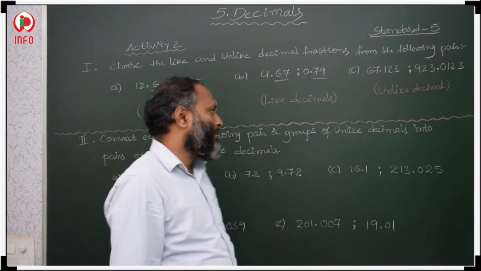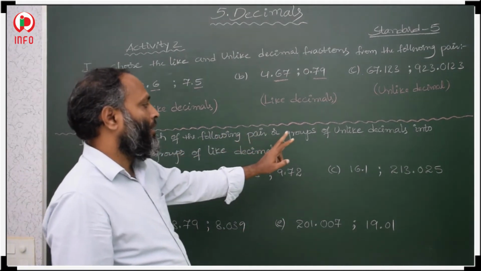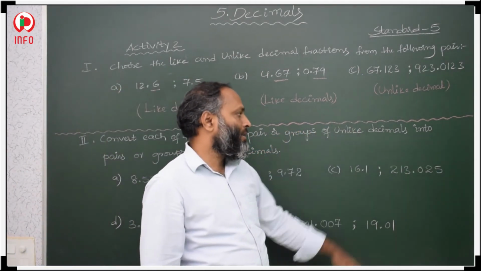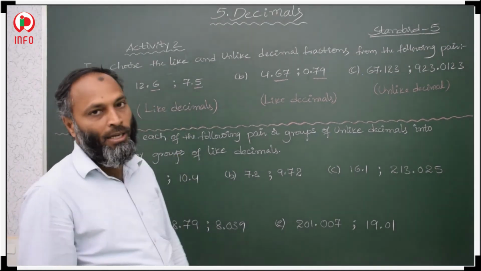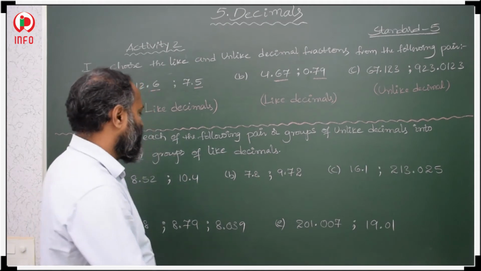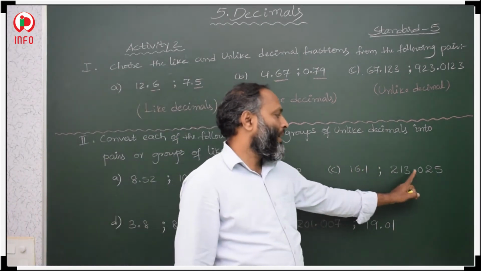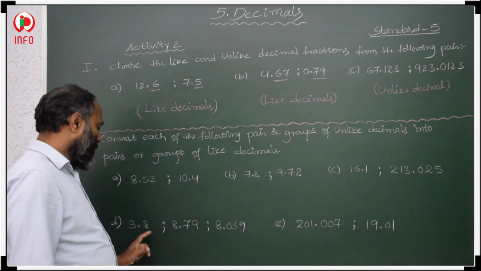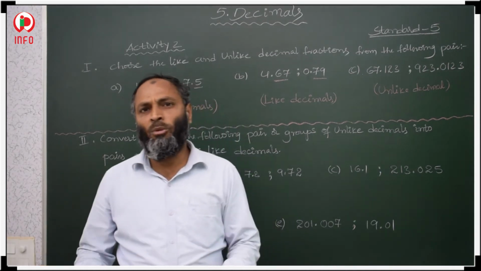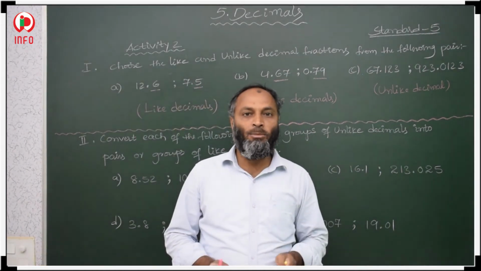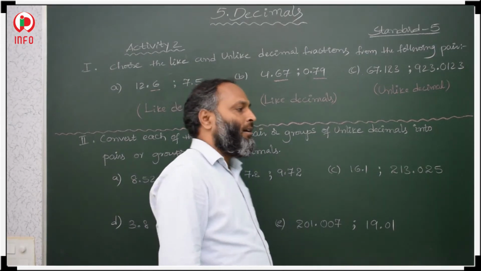Now convert each of the following pairs or groups of unlike decimals into pairs or groups of like decimals. Here a pair is given, here a pair is given, here a group is given: 1, 2, 3. Here 1, 2 pair is given. Pair or group, whatever it is, unlike decimals are there, so we should convert unlike decimals into like decimals.